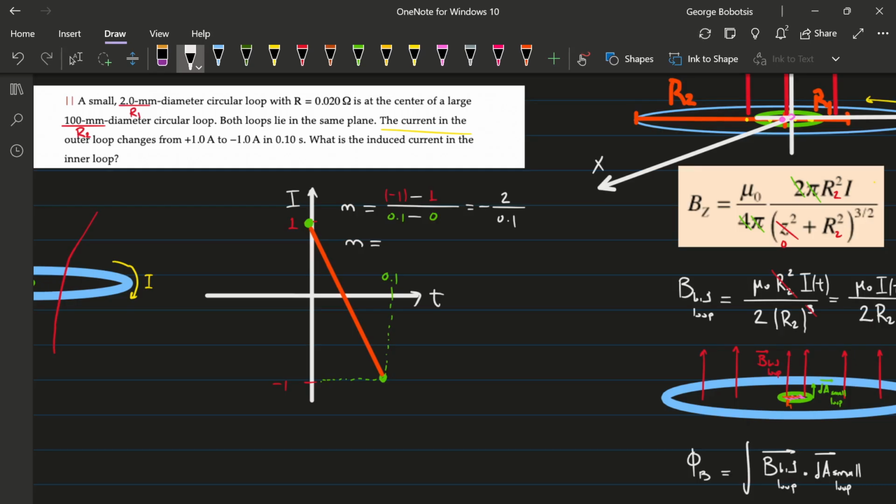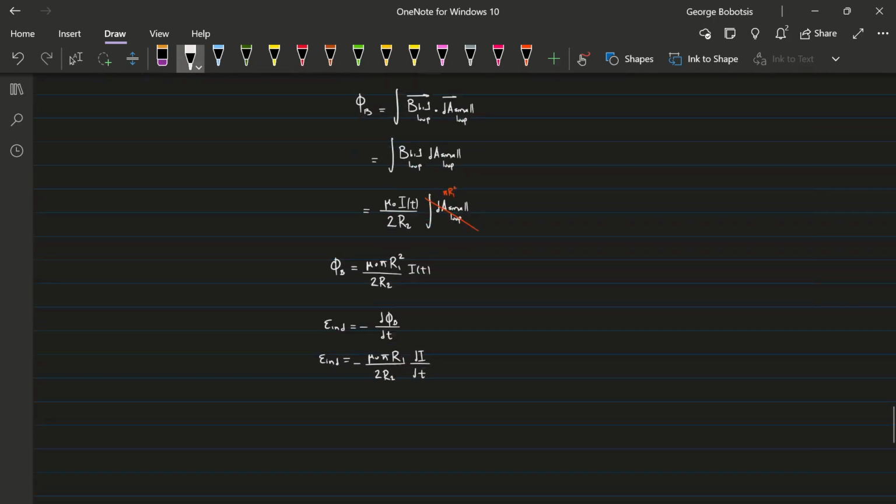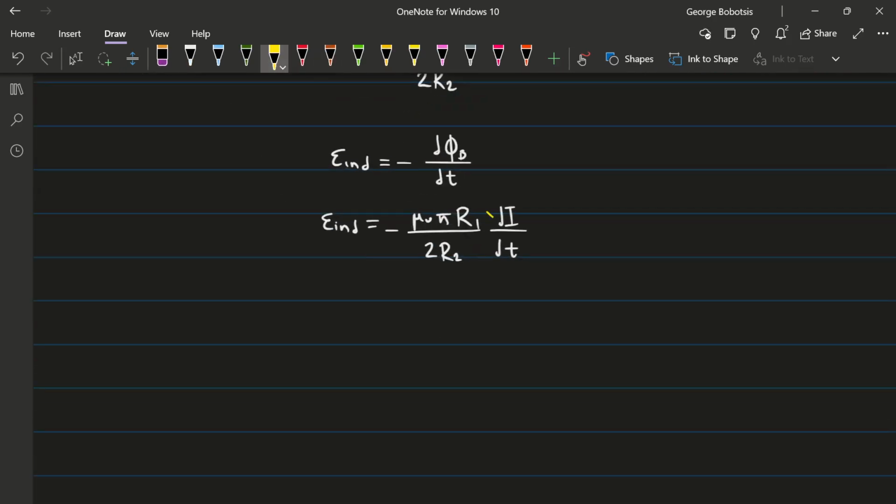So the slope is negative 20 amps per second. That sounds like a derivative to me, right? di dt right here, amps per second. That is literally di dt. So now you know. You put in the fact that this is 20. The dimensions have been given for R1 and R2. Game over.